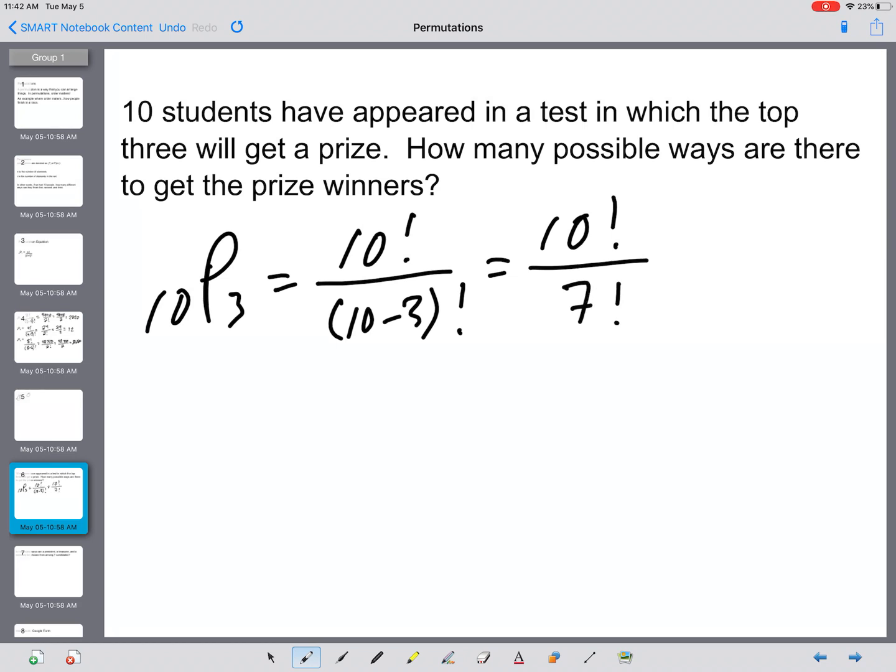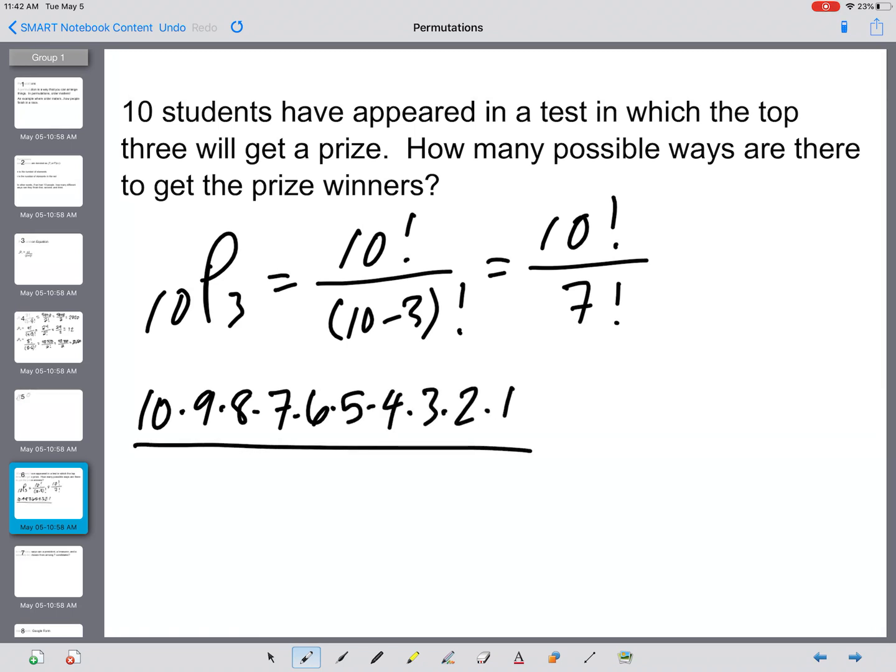If I think about this for a second, that's 10 times 9 times 8 times 7 times 6 times 5 times 4 times 3 times 2 times 1, all over 7 times 6 times 5 times 4 times 3 times 2 times 1. Is there anything that can cancel? Well, heck yeah, there is.